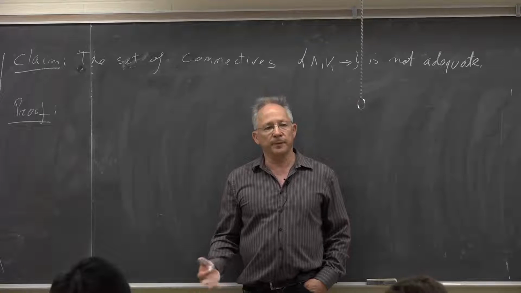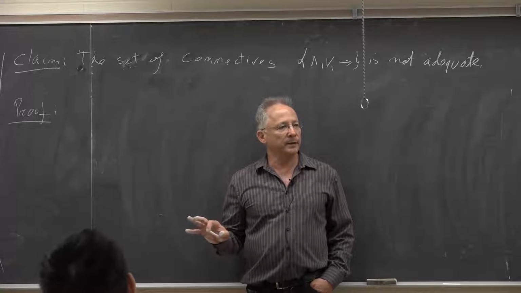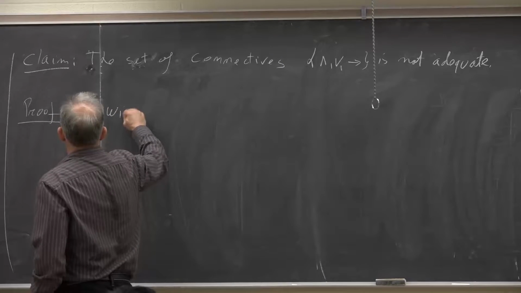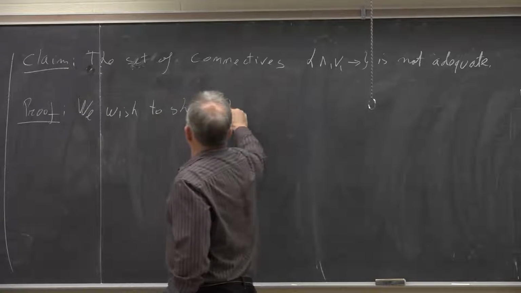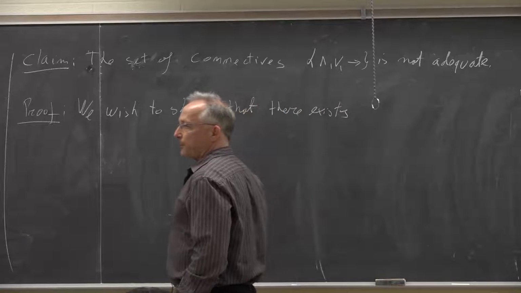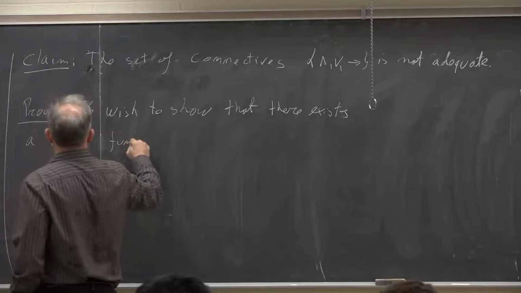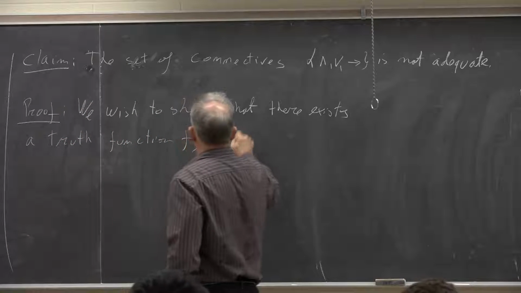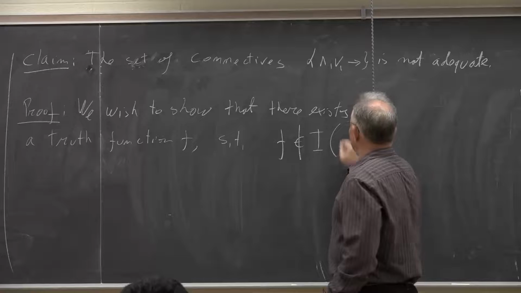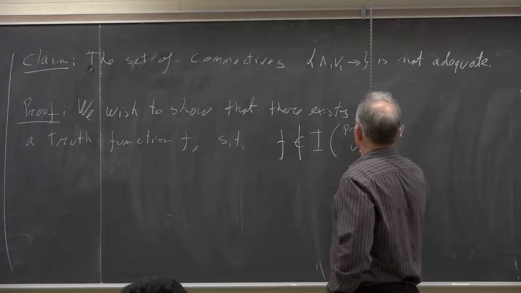I can either show it for a specific function, or, going again to the IAP and the generalized induction, what we wish to show is that there exists a truth function f such that f is not a member of IAP, and here I have propositional variables.